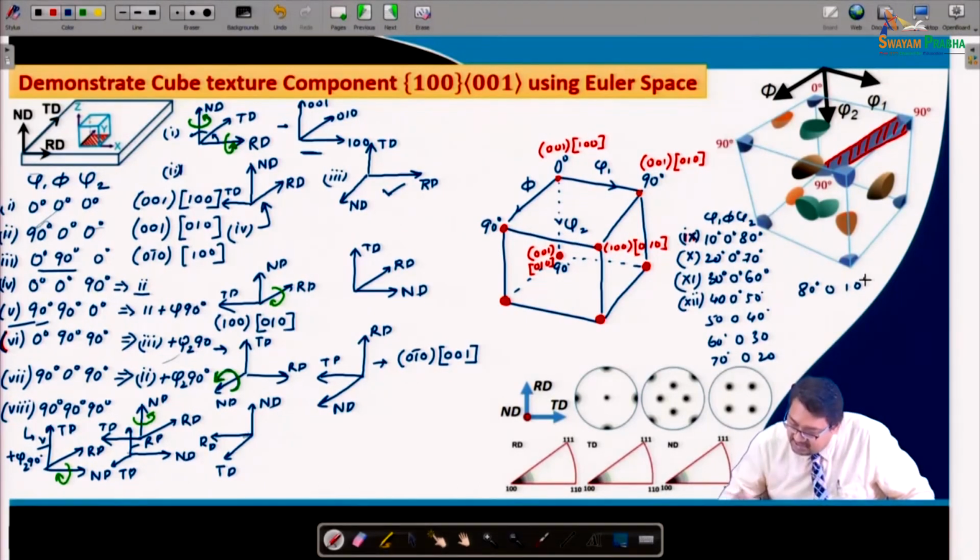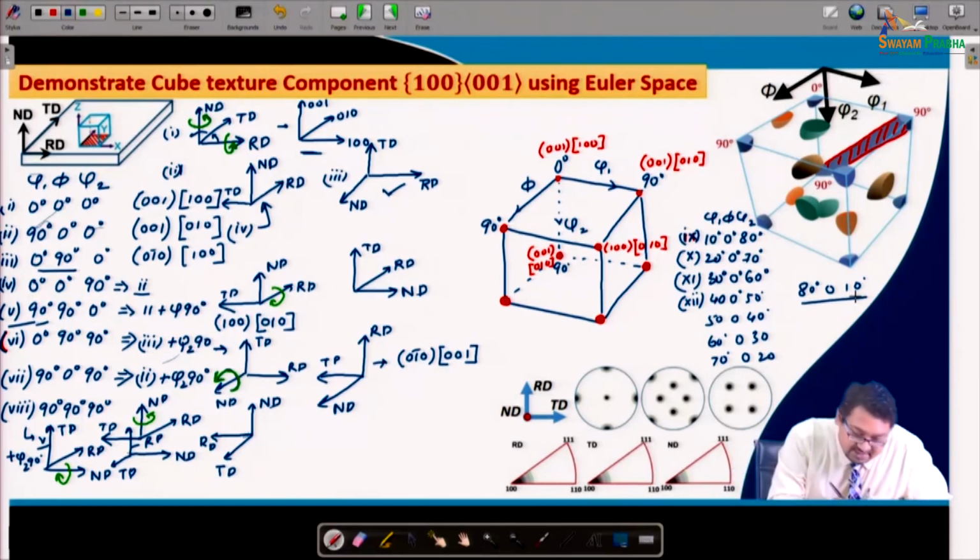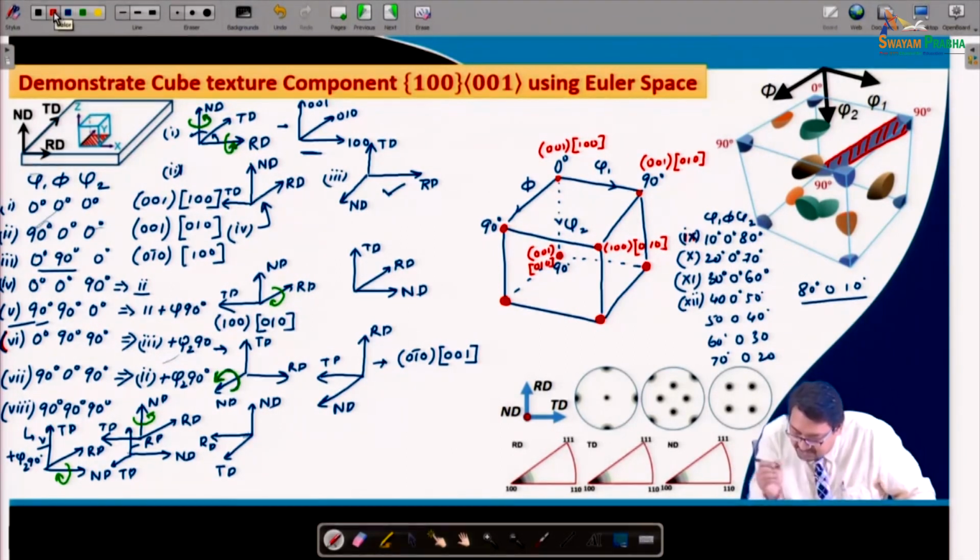So, you see that let us take phi 1 equal to 80, phi equal to 0 and phi 2 equal to 10 degrees, right, in this Euler space, and we can observe that if we look at phi 1 equal to 80, it will be somewhere here, right, and then if we take phi 2 equal to 10, it will be somewhere here.